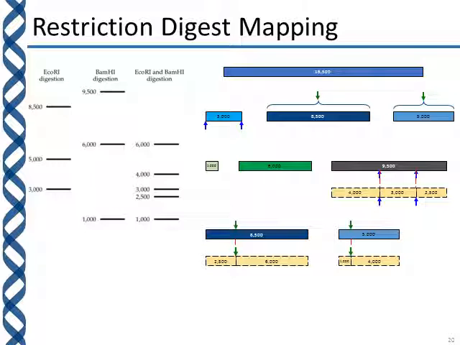So using the single EcoRI and BamHI digests, as well as the combination of the two, allows us to determine where in this intact section of linear DNA our restriction endonuclease recognition sites are.